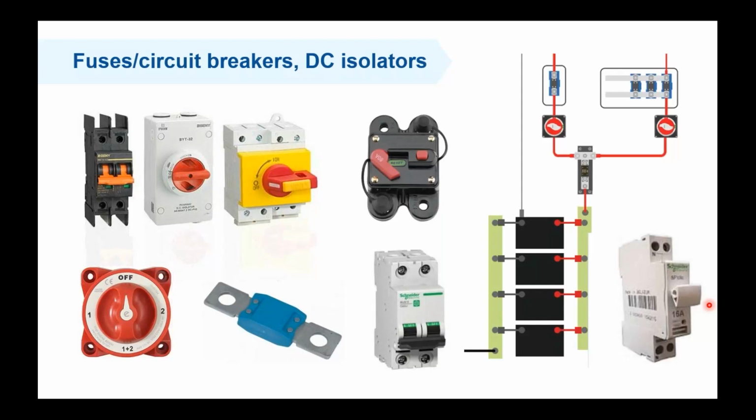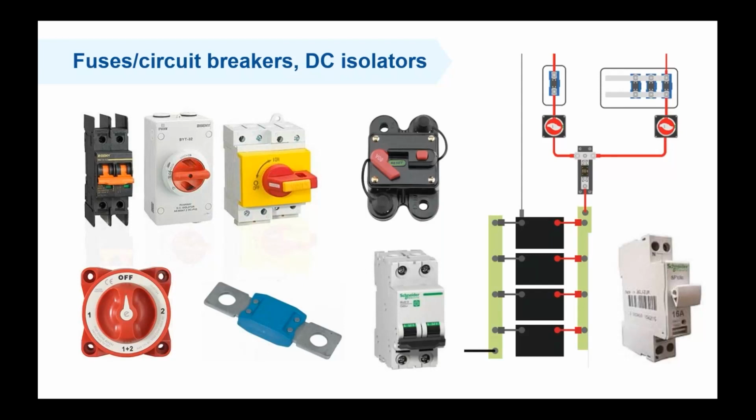So fuses, circuit breakers and DC isolators are protective devices, and when there is an overload in the system or a short circuit, fuses save the system from damage. You can now locate the place of these instruments in the wiring diagram. So you see this is a fuse, this is an isolator, this is also a fuse.